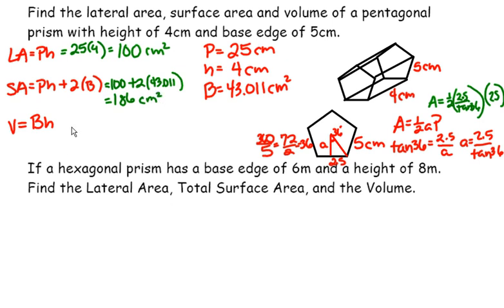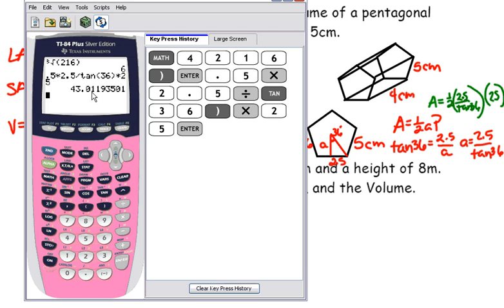All right, and then my volume is going to be that 43.011 times 4. And just to make sure that rounding doesn't wind up changing it a whole lot, I'm going to take that area that I found right there and multiply it times 4 and see what happens.